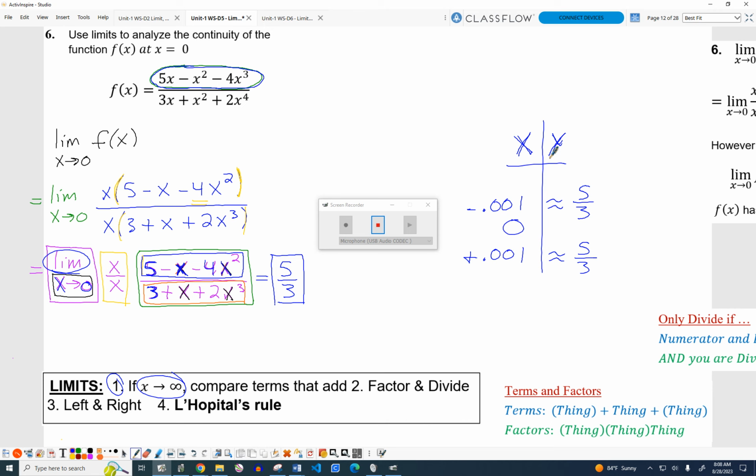We need to find the value of the function still at x equals 0. So we need to find f of 0. You've got three choices. You can use the black formula. You can use the blue formula. Or you can use the formula down here at the bottom.